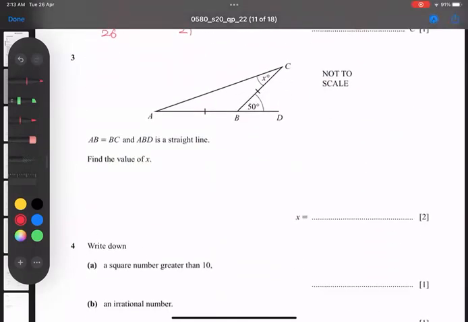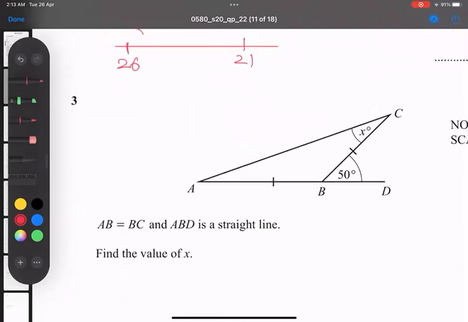In this question, how to deal with this cut: it is very clear that the angles in front of this and in front of this are equal to each other. So both are x. And on a straight line, for example, this is 50 degrees. So how much is this angle? 180 minus 50, so it becomes 130.